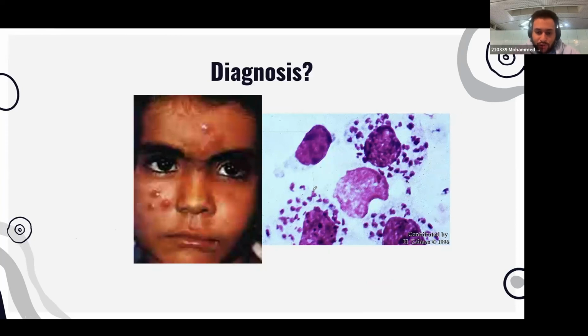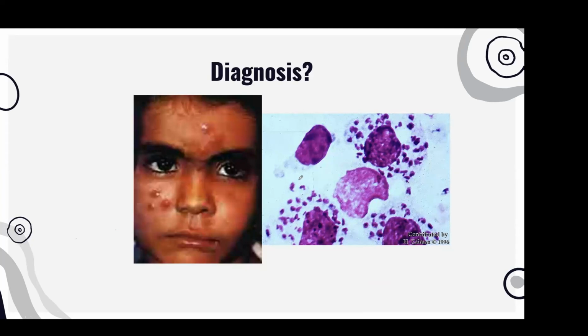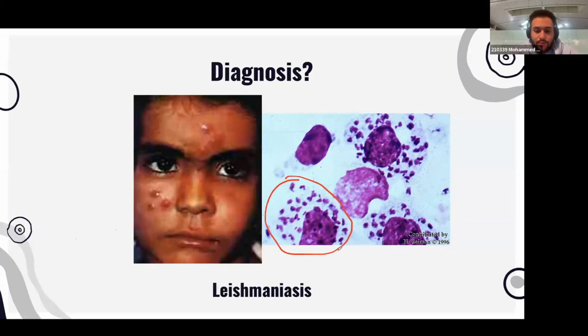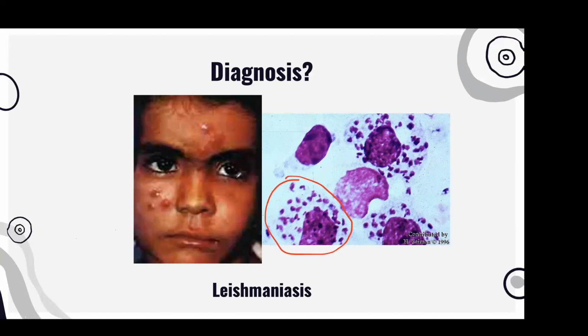What's the form of leishmania that's inside these macrophages? Amastigotes. Perfect. Know them. Know these features. In terms of its rash, you have cutaneous leishmaniasis. What's a vector for leishmania? Sandfly. Good.